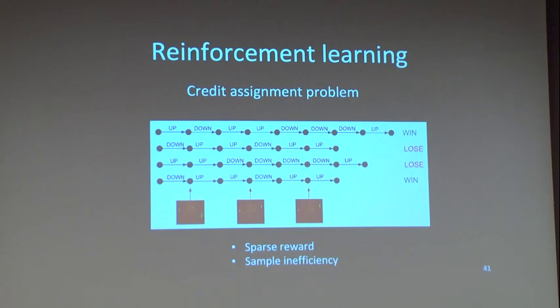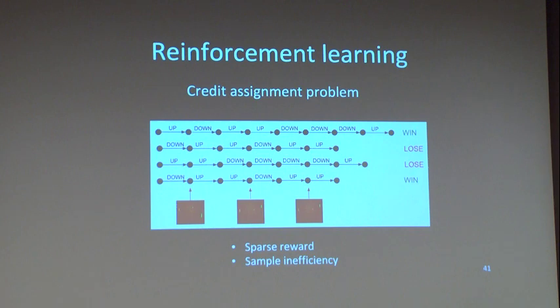So the first challenge is that it's a sparse reward. You don't know whether this up is a good move, or this one is a good move, or this one. All you know is that after making a sequence of moves, you win or lose. So this is a sparse reward problem. You get a reward only at the end, not for all your actions.